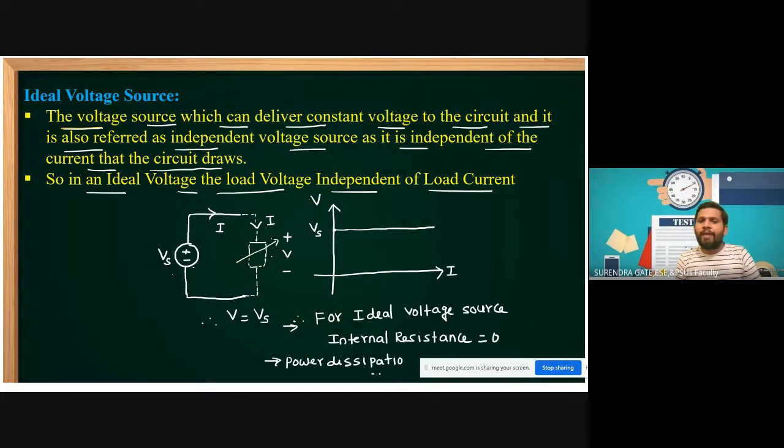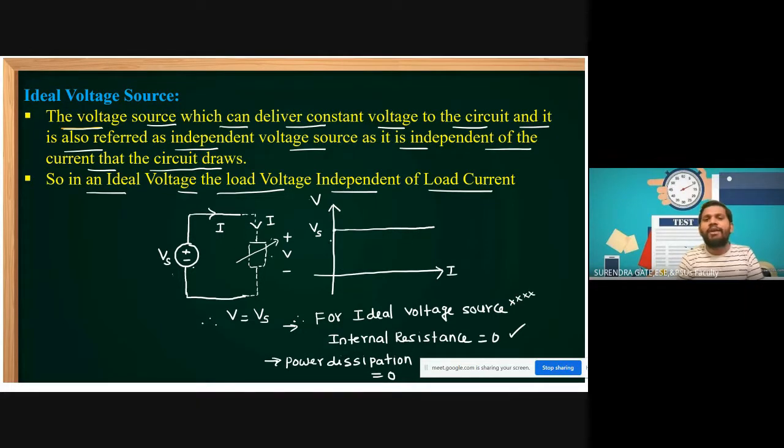Zero power dissipation means a 100% efficiency source. An ideal voltage source is a 100% efficiency source. For an ideal voltage source, the internal resistance is zero. Very important.